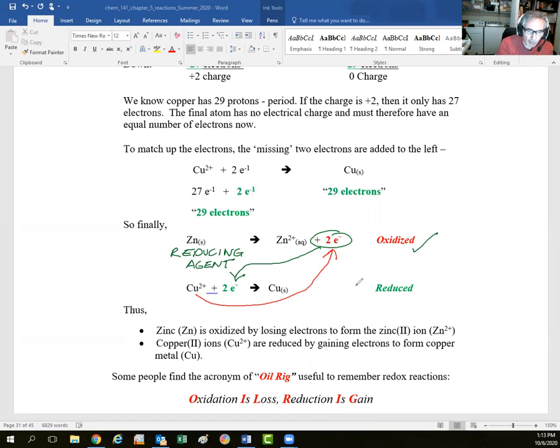So the copper, while it's being reduced, can also be thought of as an oxidizing agent. They are always the agents for the other process. So anything oxidized is a reducing agent, like the zinc here, and anything reduced, like the copper, is an oxidizing agent.